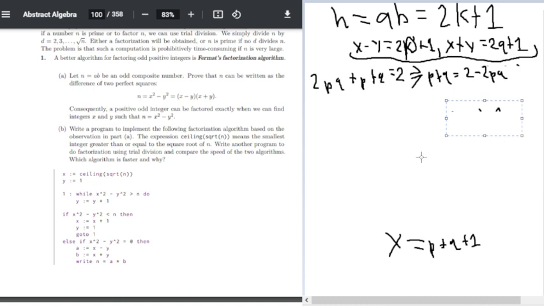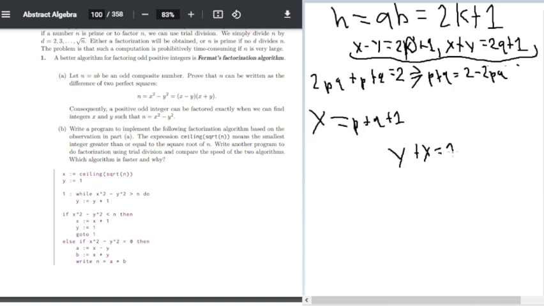Now we have that y plus x is equal to 2q plus 1. And we note here that y minus x is equal to negative 2p minus 1. I think I switched the p's and q's around previously, which gets us that 2y is equal to 2q minus 2p, or that y equals q minus p.